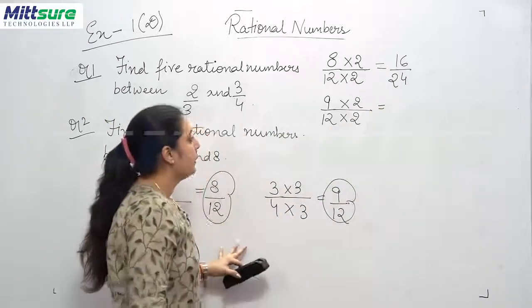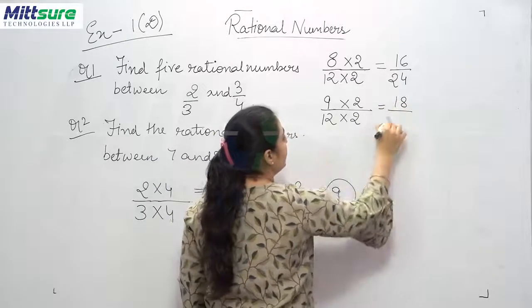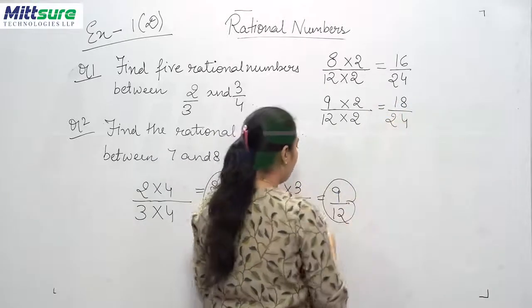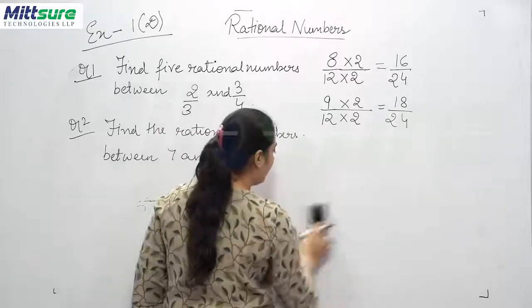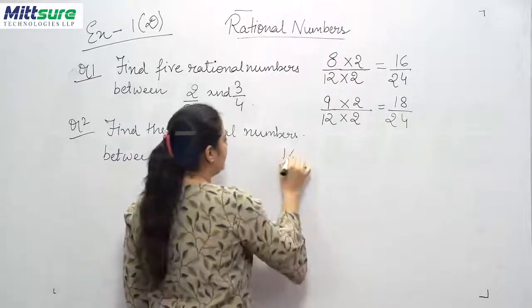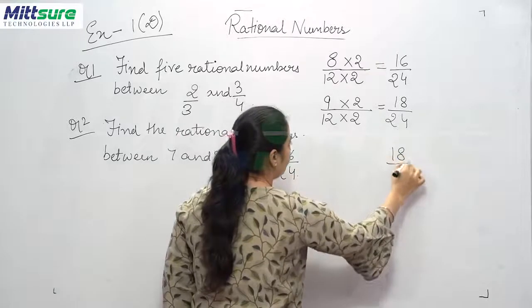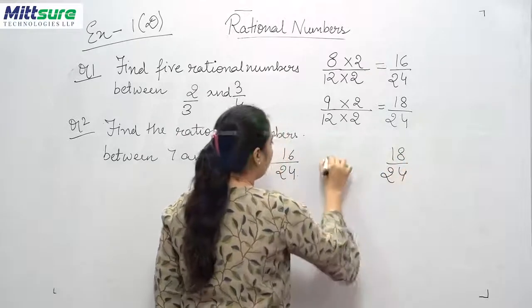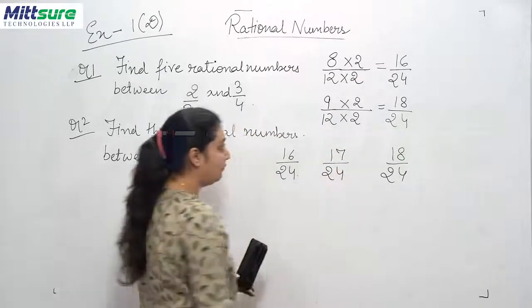Now see, 9 twos are 18, 12 twos are 24. Now let's write these numbers and see how many numbers we have got. 16 upon 24, 18 upon 24. I have got only one number in between, 17 upon 24.